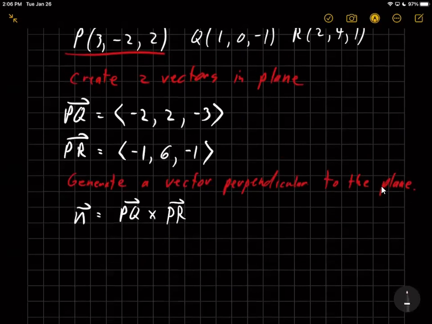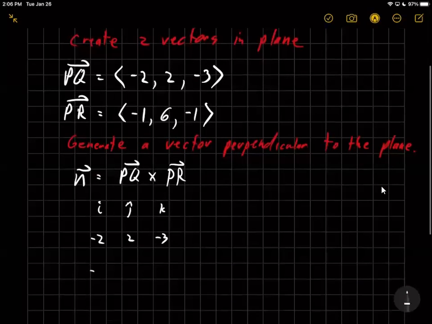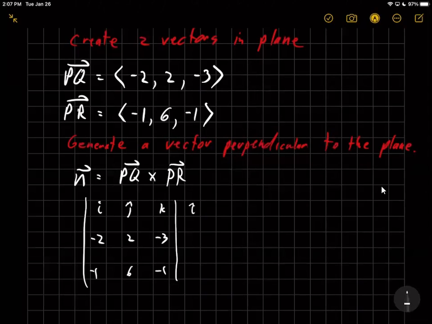So if I do PQ cross PR, I better set up my i, j, k, and put in vector PQ, that'll be -2, 2, -3, and vector PR, -1, 6, -1. Let's put that in brackets and then replicate it: i, j, k, -2, 2, -3, -1, 6, -1.